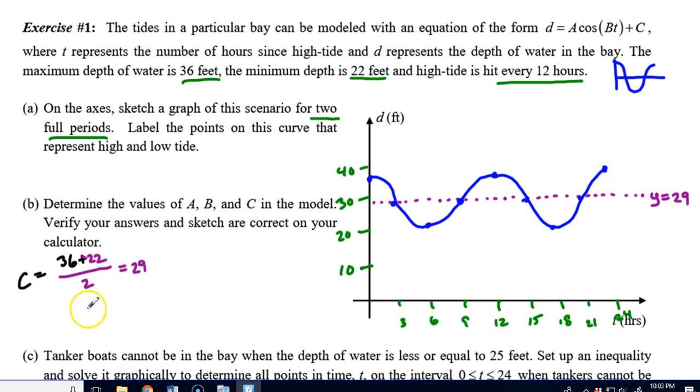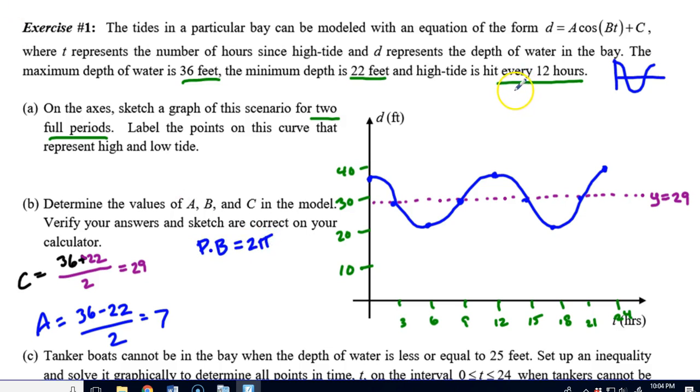Nice. Now I need to come over here and determine the values of A. Well, A is simply going to be the difference between 36 and 22 divided by 2. So basically half the difference between them, right? It's that little amount there, which is 7. And then B, well, we know that P times B equals 2 pi always.